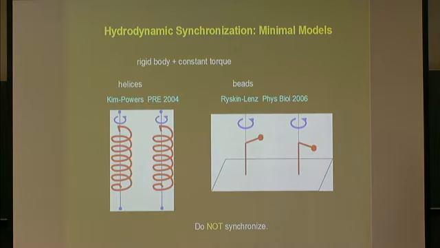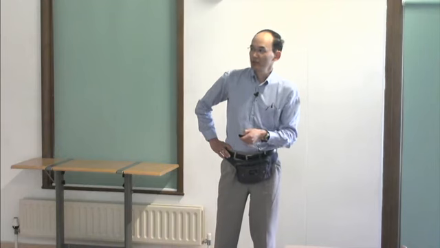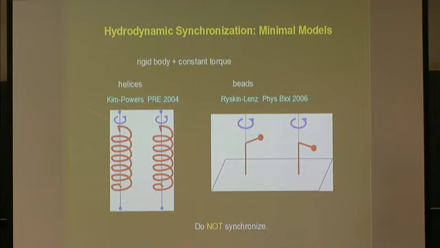So there are also minimal models for rotors. The simplest possibility is to add a constant torque to a rigid body. As a model of bacterial flagella, Kim and Powers considered two helices that are parallelly situated and driven by constant torque. And Reichert and Stark assumed, as a model of cilia, two rigid bead rotors with a constant torque.